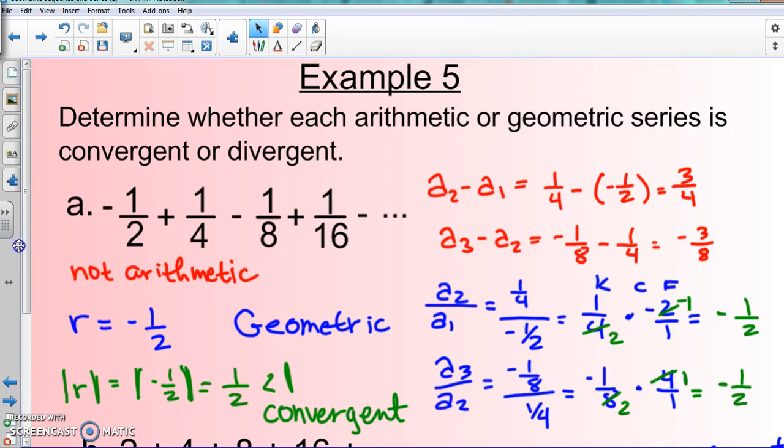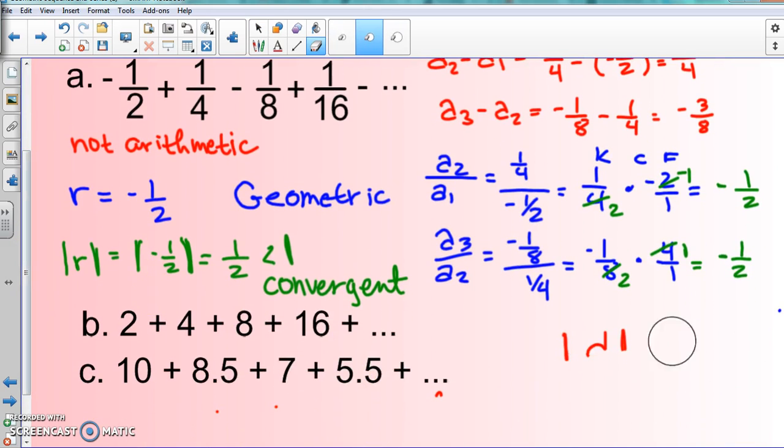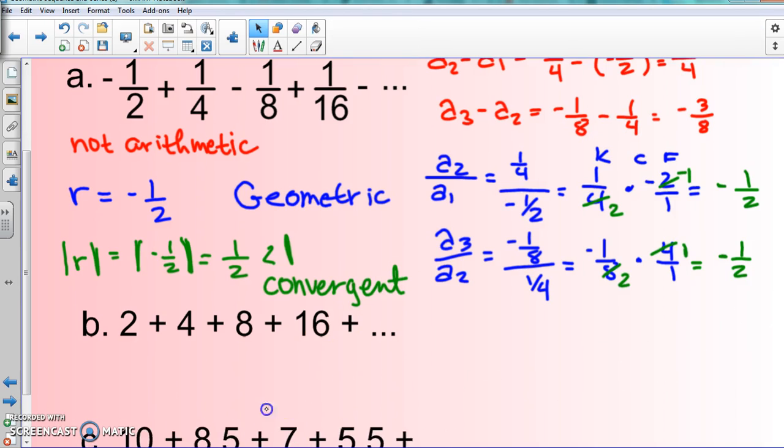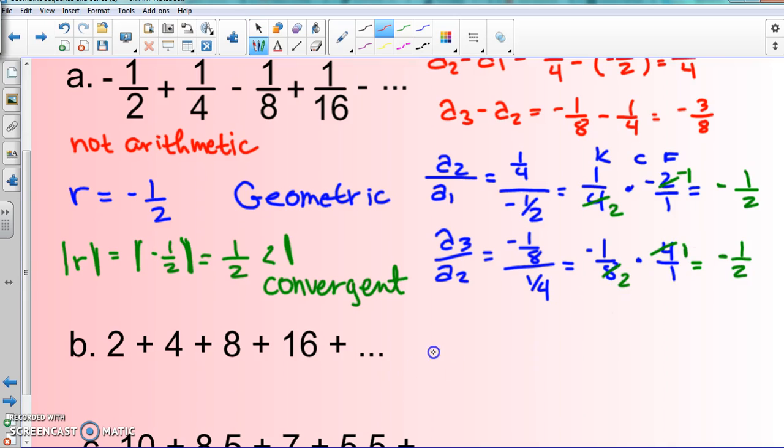So now we're going to do B also. I cleared that all off, my fault. Alright, so let's go ahead and do B here. And again, most of the time you should be able to see whether it's a common ratio or common difference, but if you can't, go ahead and do the same thing again.